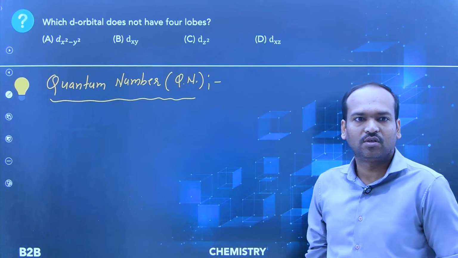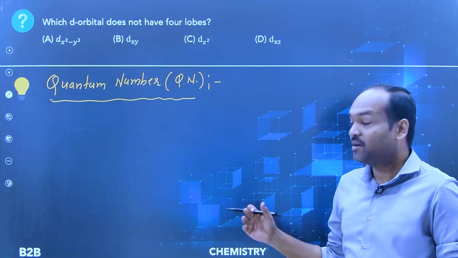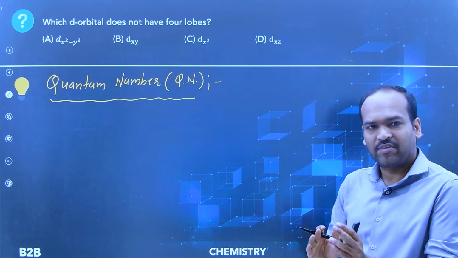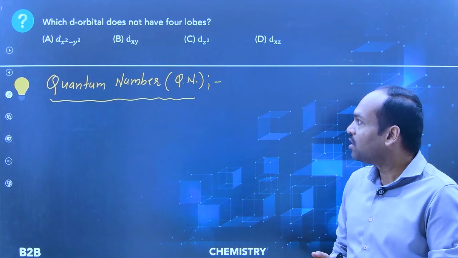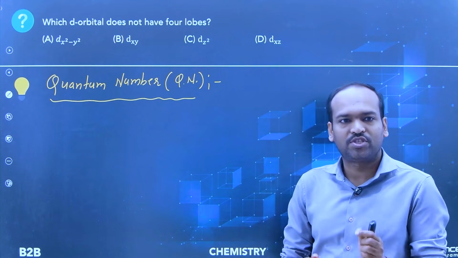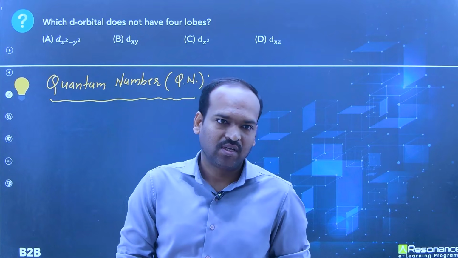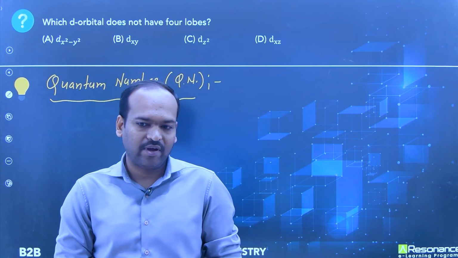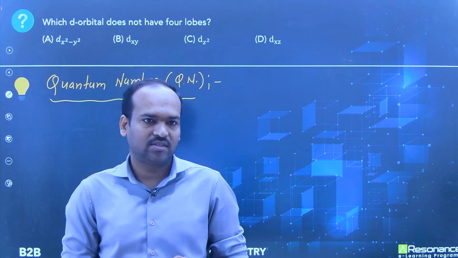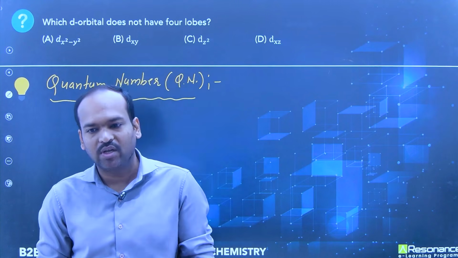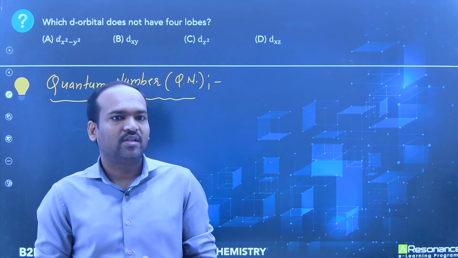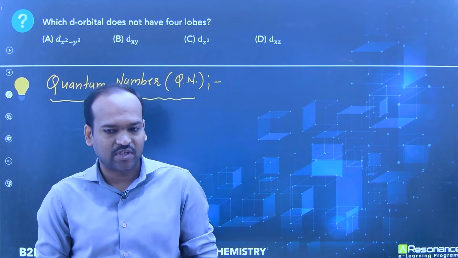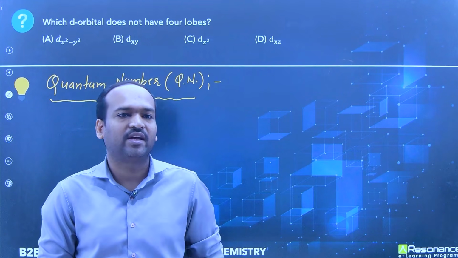Quantum numbers. It is also just 5 minutes. I'm giving you an overview, then we'll discuss from tomorrow. We discussed subshells and orbitals, and in the orbital electrons are present. If we have to discuss any particular electron, we require some numbers. On the basis of these, we can identify the address of the electron inside the atom.